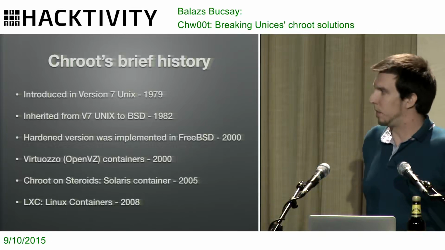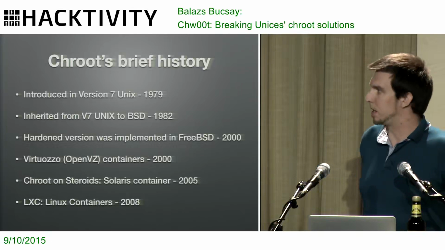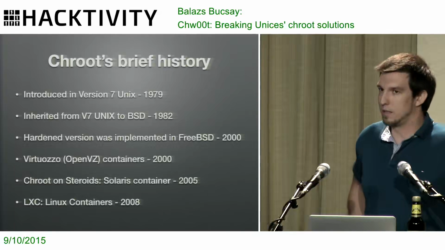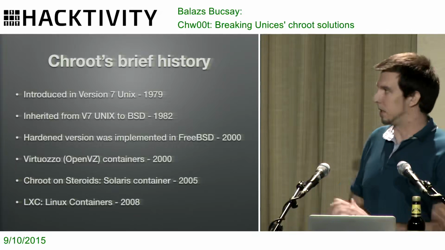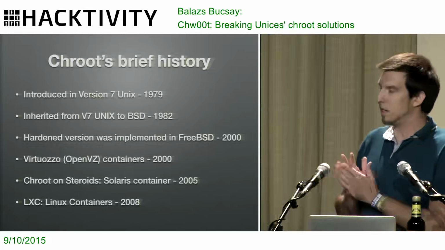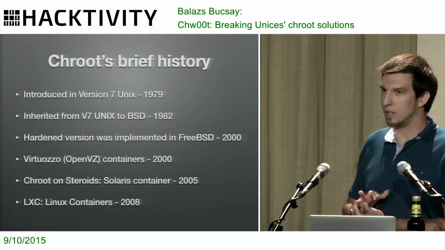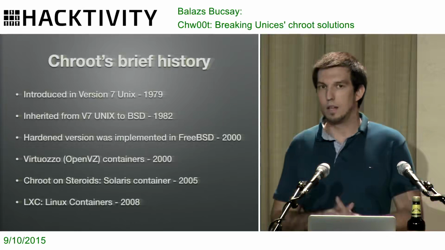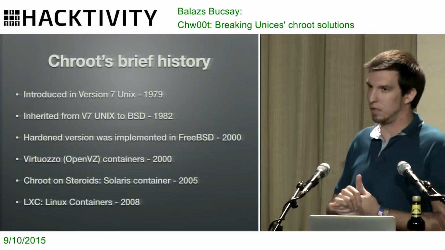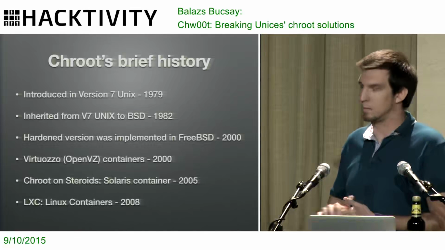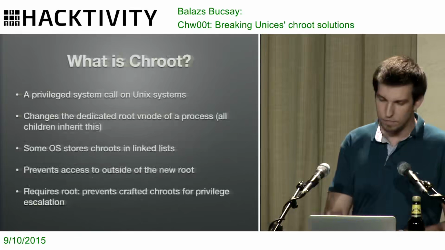And five years later, Solaris implemented something similar. It was called chroot on steroids, but it's basically the Solaris containers. And a little bit later, in 2008, Linux containers were introduced in the Linux kernel. It is part of the kernel right now.